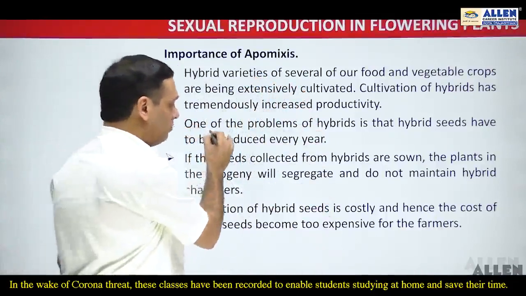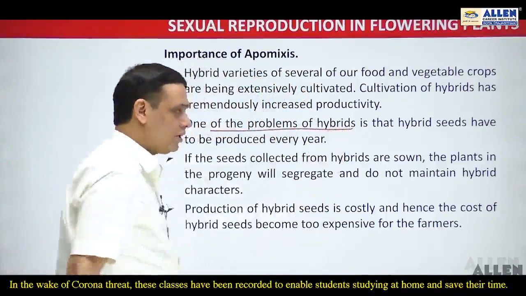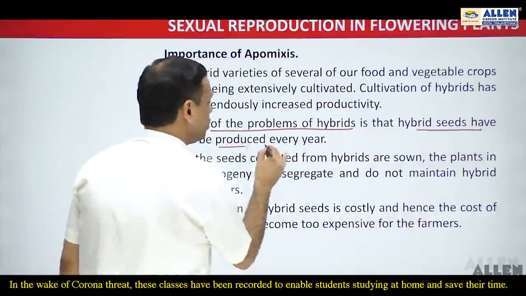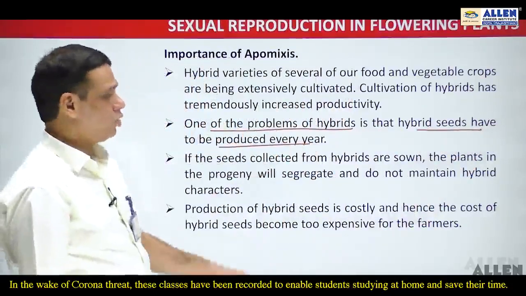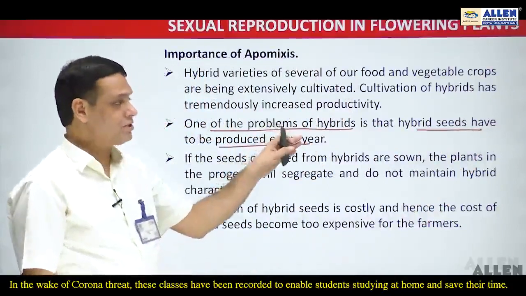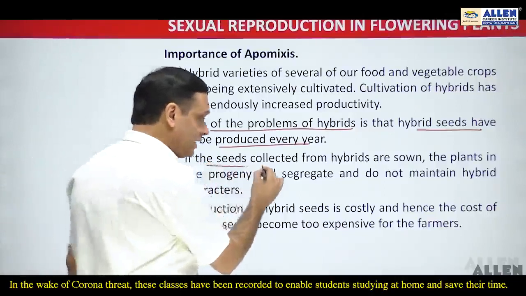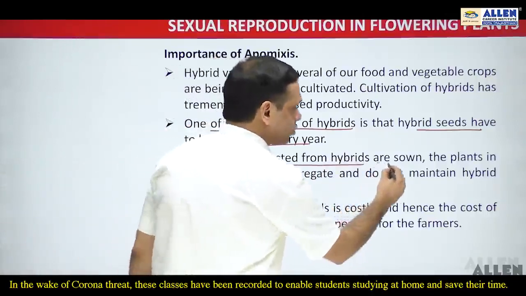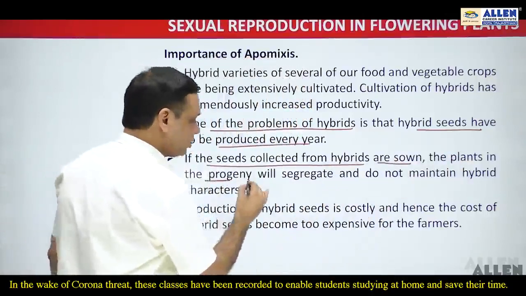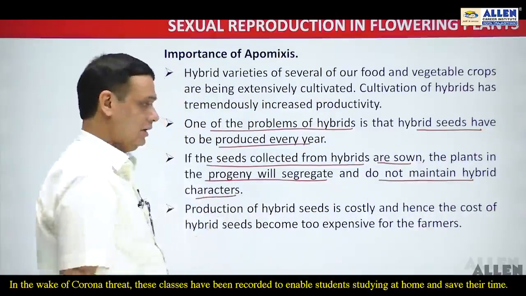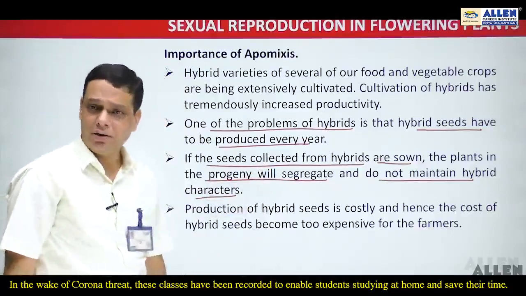But one of the major problems of such hybrids is that the hybrid seeds have to be produced every year. And if the seeds collected from those hybrids are sown, then the plants in the progeny will segregate and do not maintain the hybrid characters. So this is the drawback of the hybrid seeds.